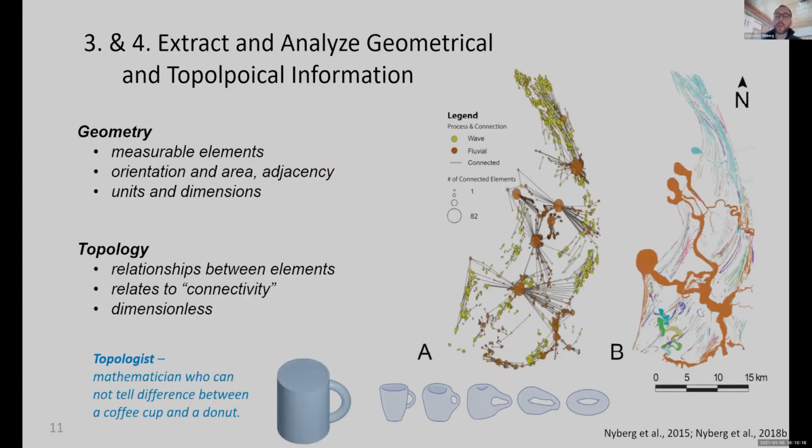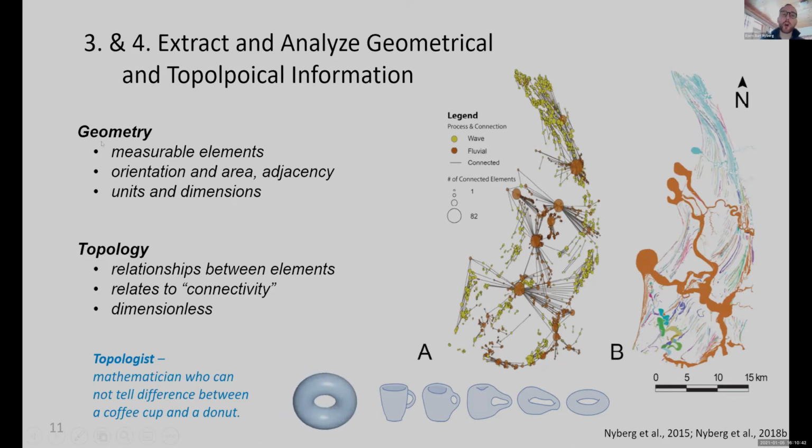And then after that, what we want to get out really is the geometry and topological information from these modern sedimentary systems, and how, once we get that information, we can then start to relate that to a particular ancient counterpart.